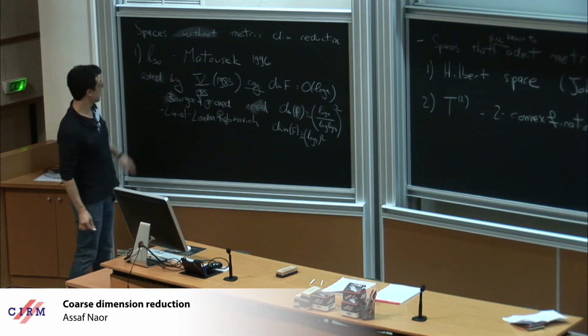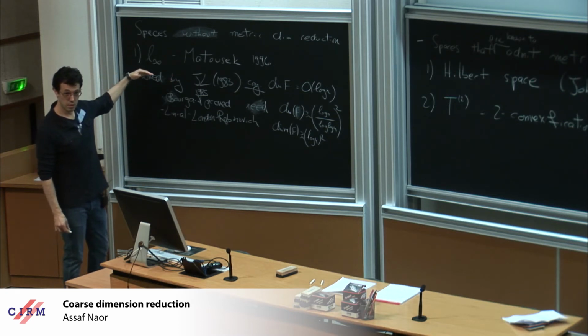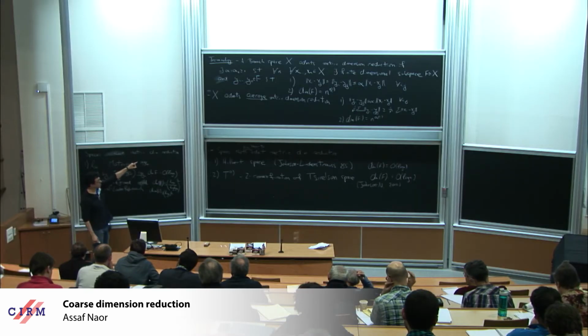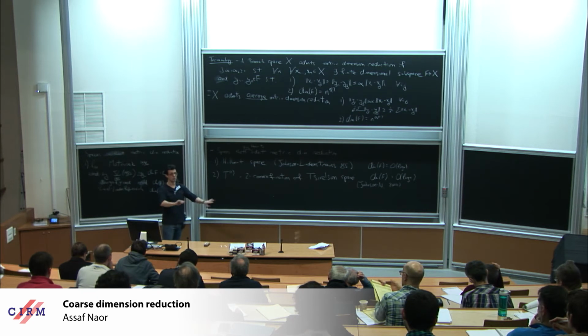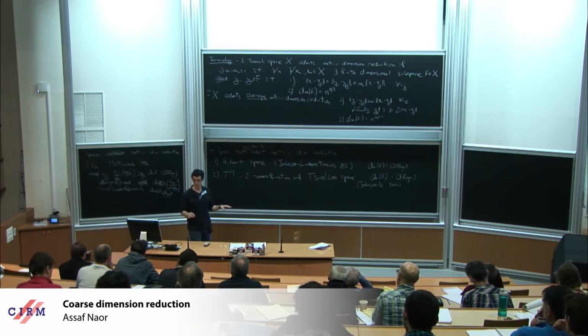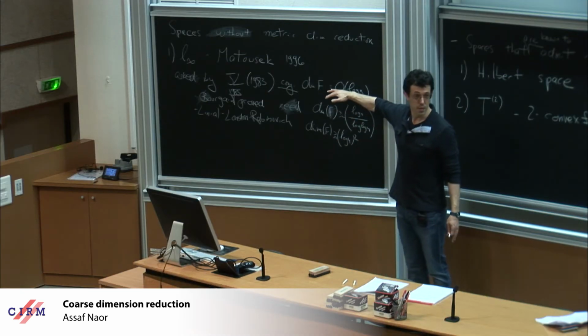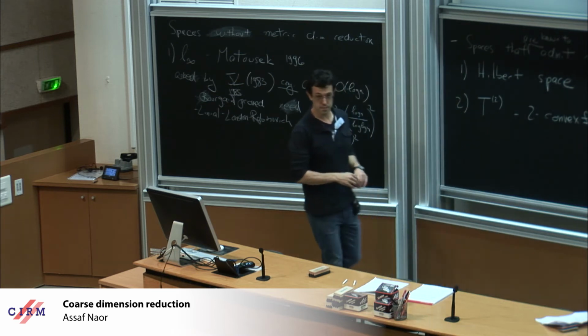But then, as I said, Matoušek proved that L infinity does not satisfy metric dimension reduction, which in our formulation means that there exist n point metric spaces that require, if you want to embed them into any normed space of dimension k, k has to be some fixed power of n. So exponentially worse than the initial conjecture. That's what the Matoušek theorem says, and we'll formulate exactly, and we'll prove it later.